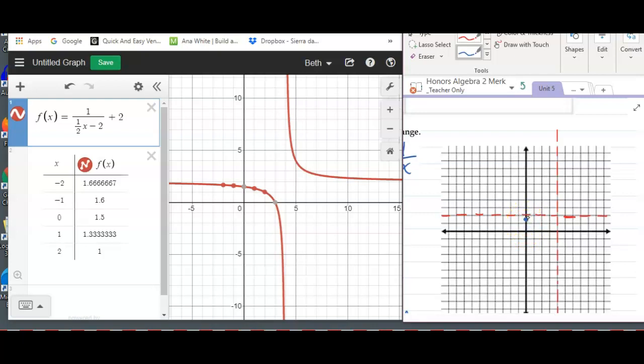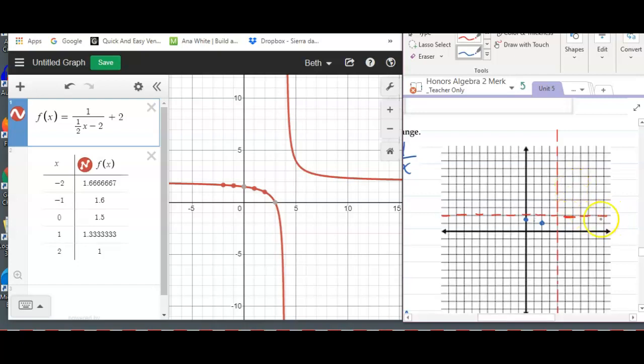I like the point 2, 1, right 2, up 1. The other points aren't bad. I can graph the point 1, 1 1/3. I just go right 1, up 1 1/3, so a little bit more, and so on. But these aren't going to be enough points. I need a few more points than this.